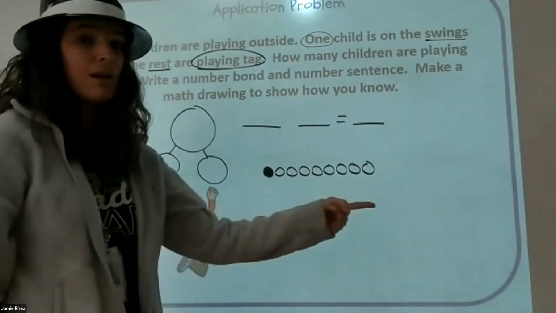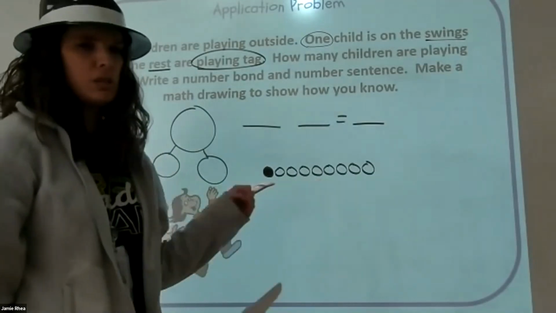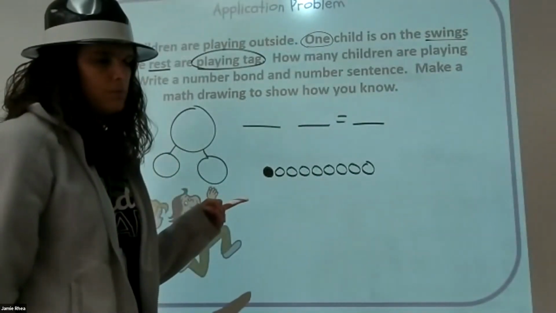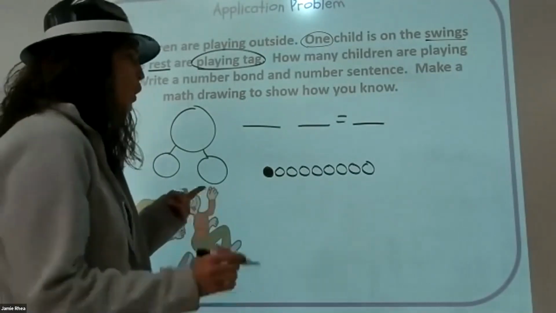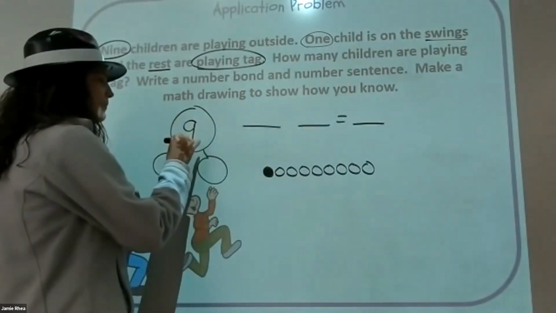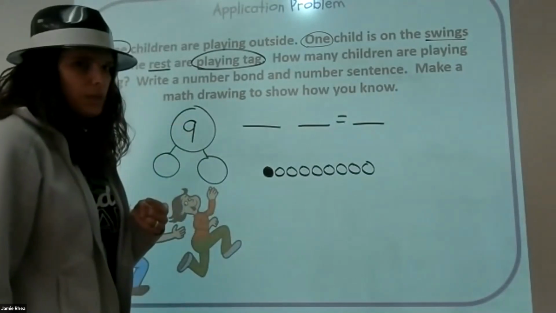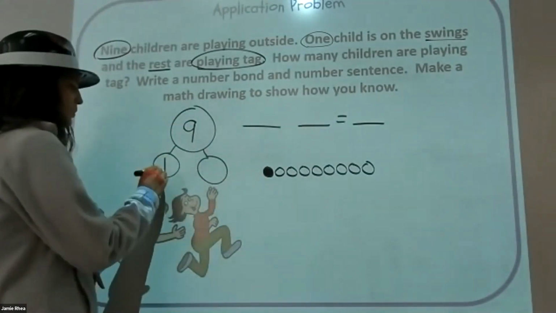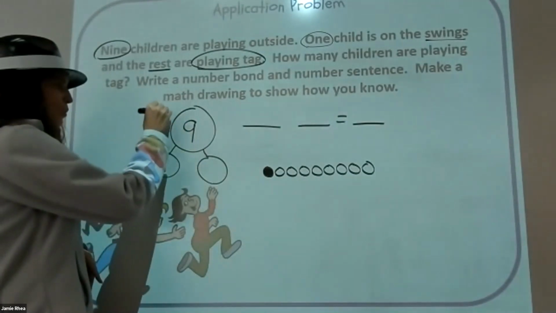We know that there are 9 children. Is 9 my total or is it a part? It's my total, it's the whole. So I'm gonna put my 9 here. How many children were playing on the swing? Just one. So we're gonna put 1 here. I'm gonna put total.